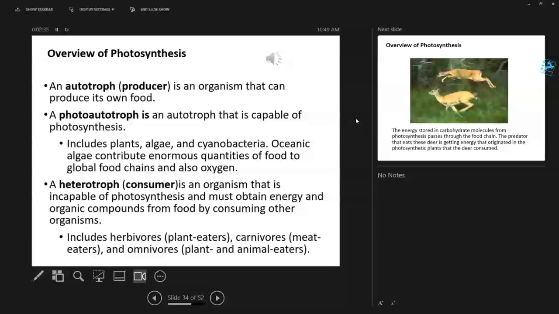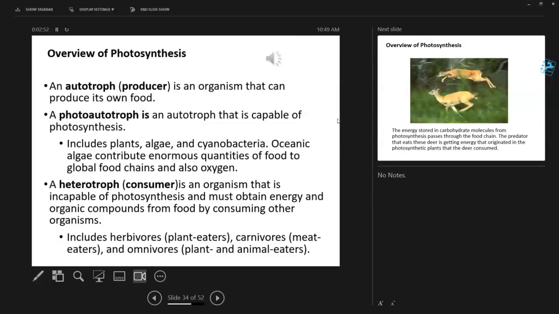Okay, the terms autotroph and producer mean pretty much the same thing: an organism that can produce its own food. So this is photosynthetic organisms. A photoautotroph is a photosynthetic organism.